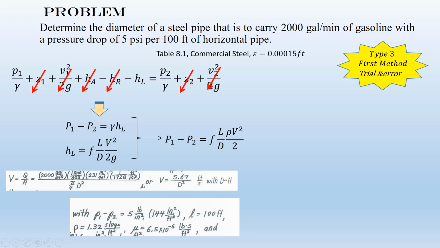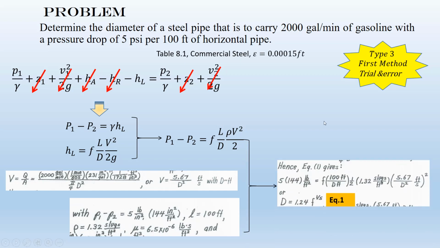If you substitute delta P from here, also the velocity, also L, rho, and these things, you can find a relationship between diameter and friction factor. This is the first equation that I found from the Bernoulli equation and mass conservation. Correct. So this is equation 1, a relationship between diameter and friction factor. So look, if you assume a value for f, then you can find diameter simply from this equation.